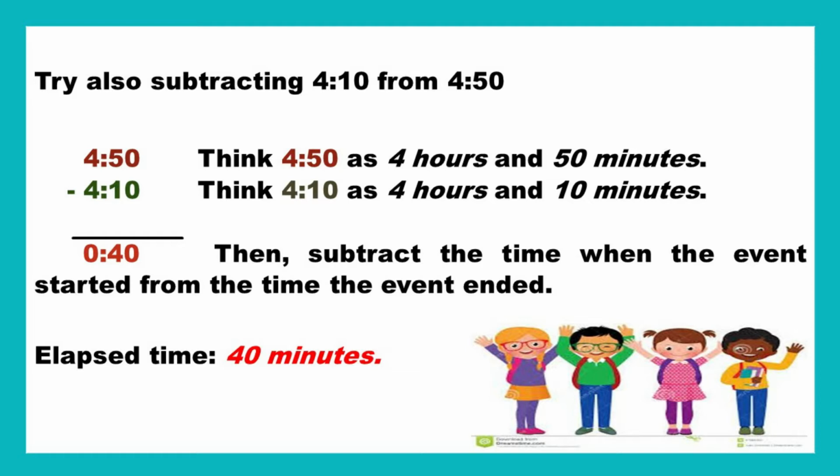Think 4:50 as 4 hours and 50 minutes. And think 4:10 as 4 hours and 10 minutes. Then, subtract the time when the event started from the time the event ended. And the elapsed time is 40 minutes.